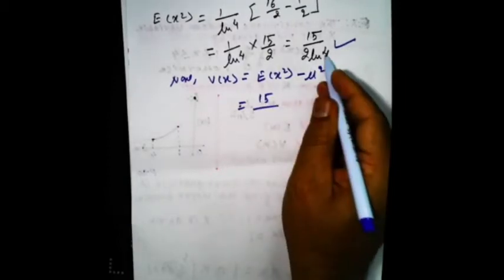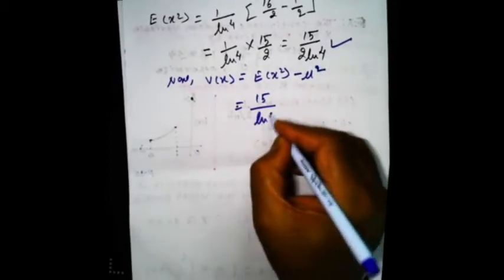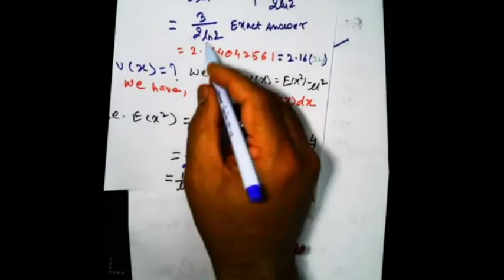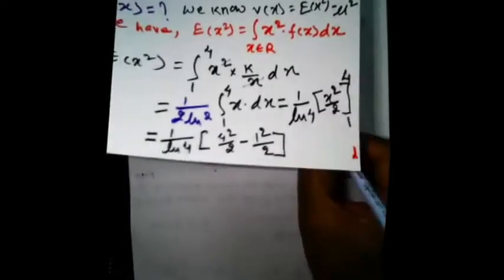So now you can see here the variance: you can write variance of x as expectation of x squared minus mu squared. The expectation of x squared is here, so it is 15 over 2 ln 4, or you can also write ln 4 squared, and minus mu squared, that is 3 divided by 2 ln 2 all squared.